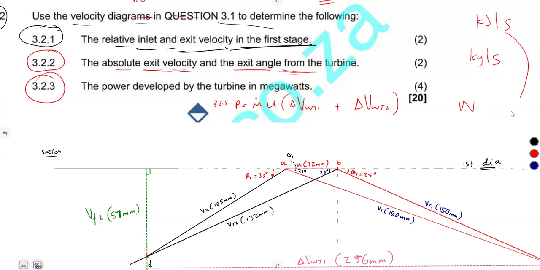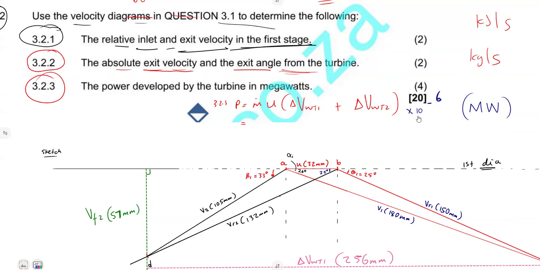Kilojoules per second, which is watts. So to convert that watts to megawatts, you must multiply this by 10 to the exponent of -6, so that your answer will be automatically converted to megawatts. We are converting watts to megawatts. You multiply by the opposite, 10 to the exponent of what? -6. So that is what you're simply going to need.